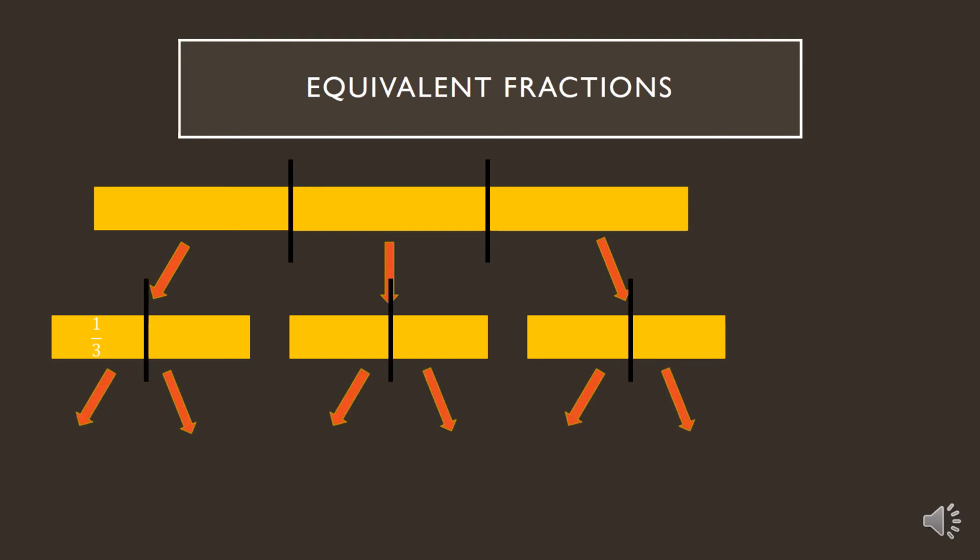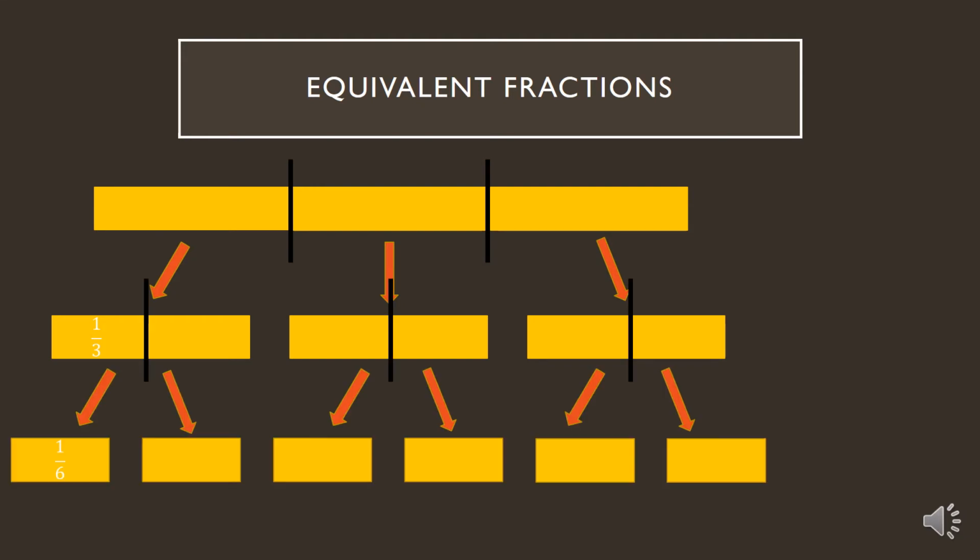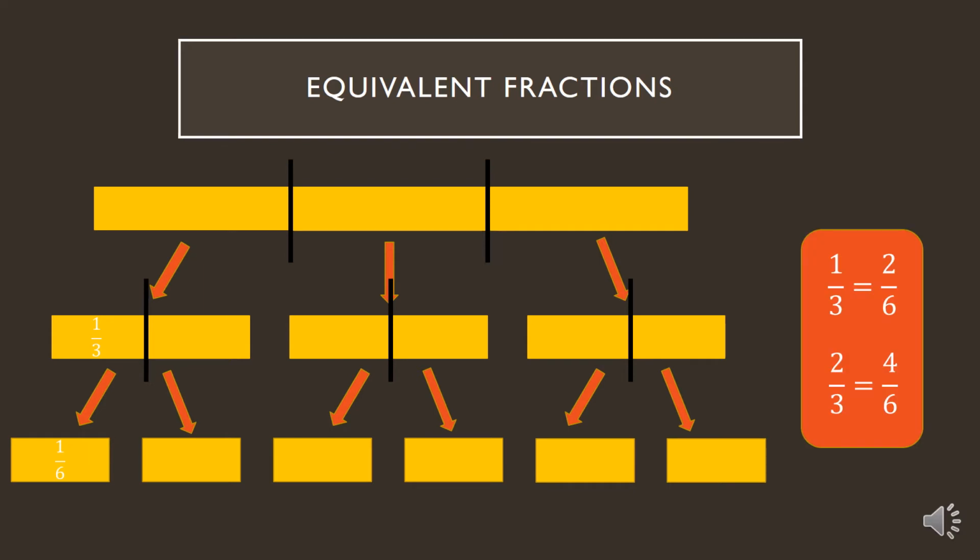Out of each third, we can make 2/6. So there are 2/6 made from every third. So we can say here on the right that 1/3 is the same as 2/6, or 1/3 is equal to 2/6, or 1/3 is equivalent to 2/6.